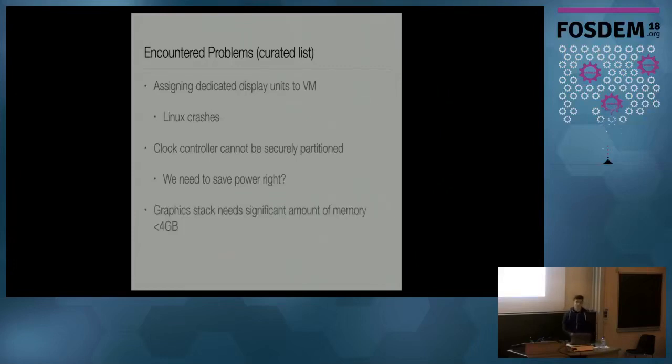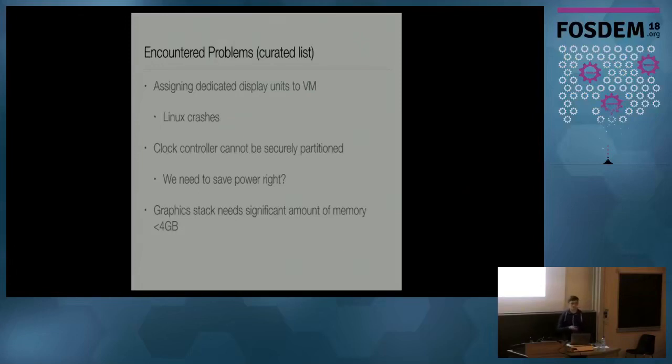Another issue, which was also a limitation in the hardware design of the whole board, was that the graphics stack needed a significant amount of memory below 4 gigabytes. I didn't mention that this board was actually a 64-bit architecture, so memory shouldn't be a problem.